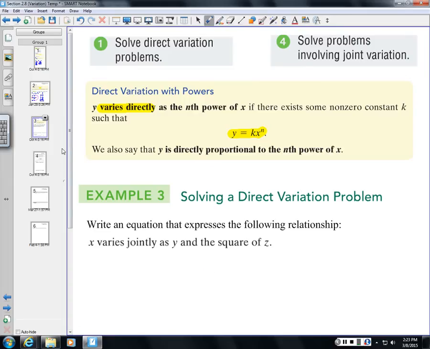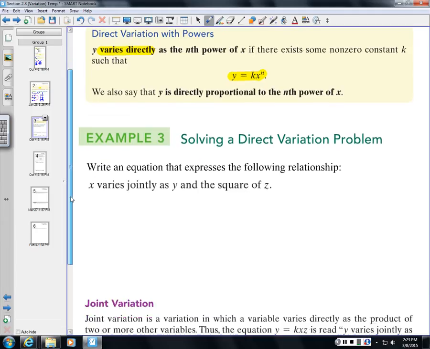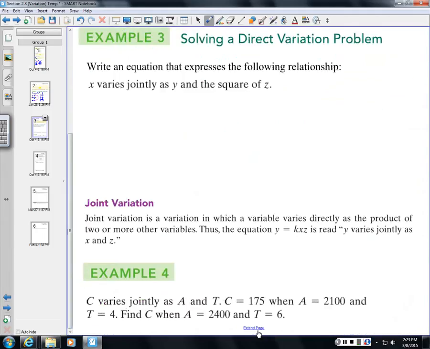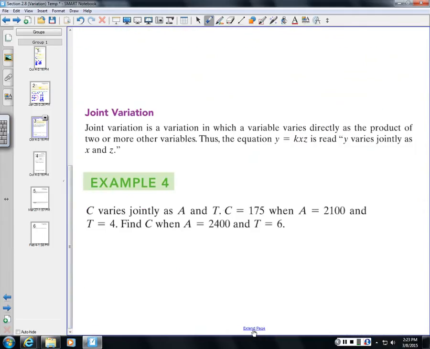Okay. And before we work example 3, let me skip down and show you another type of variation, which still involves direct variation, and it's called joint variation. Joint variation is a variation in which a variable varies directly. So again, it still falls under the category of direct variation, but instead of just y and x, it may have another variable that it's also proportional with.